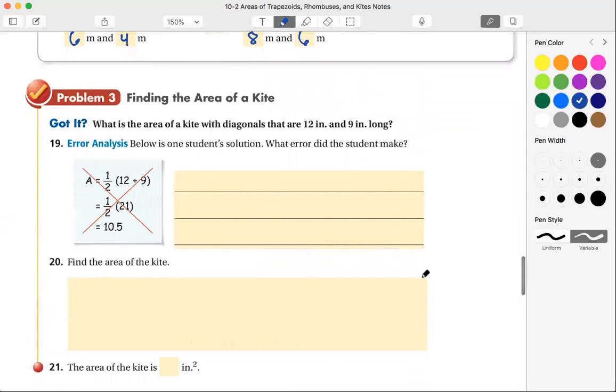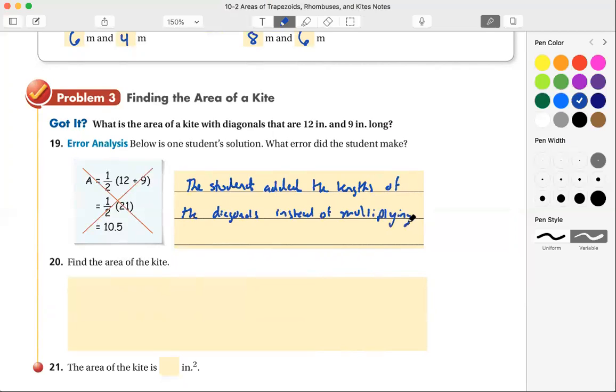All right, so what went wrong in this problem? We know the diagonals are 12 and 9. They did the sum of the diagonals, not the product. So the student added the lengths of the diagonals instead of multiplying them.